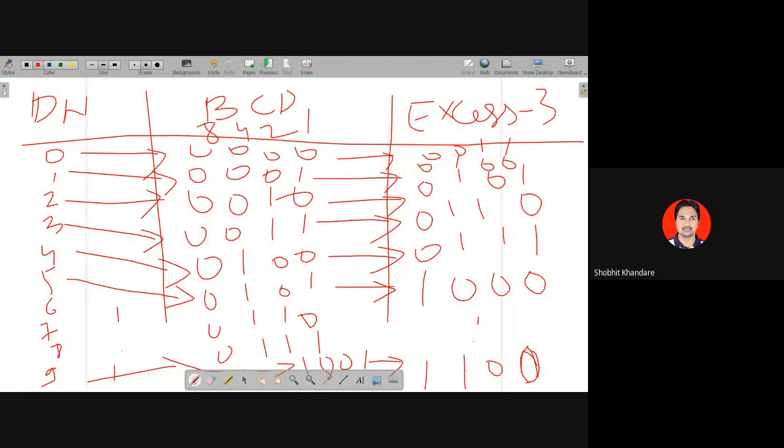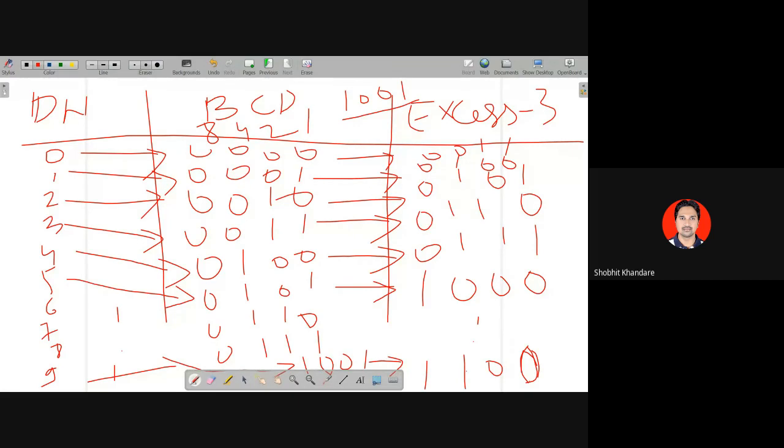your binary code. How? Now if we go till 6, 6 plus 3 gives you 9. To represent 9 in XS3, you have 1001. So as long as I add 3 to 6, I am getting XS3 as 1001, that is fine. But when I add 3 to 7, it gets 10.